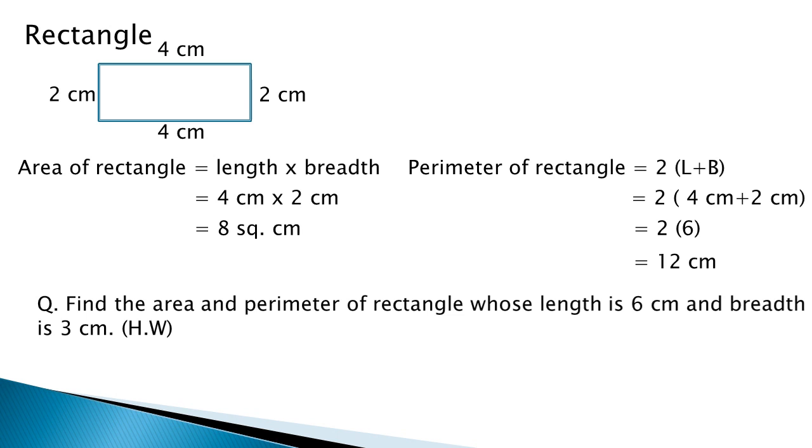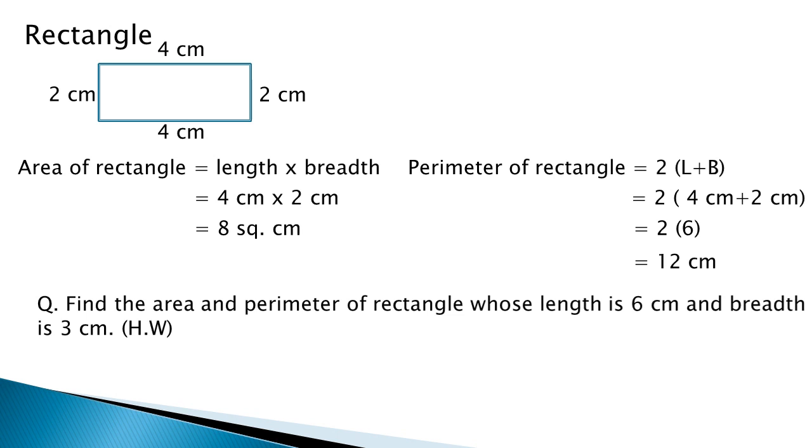So that is why the number 2 comes here in the formula. Again, in the next step, you can see 2 multiplied by 4 plus 2, then 2 multiplied by 6. 4 plus 2 how much? 6. So 2 into 6, that is 12 centimeter is the perimeter of the rectangle.